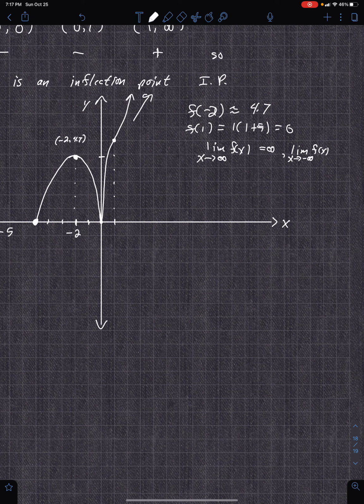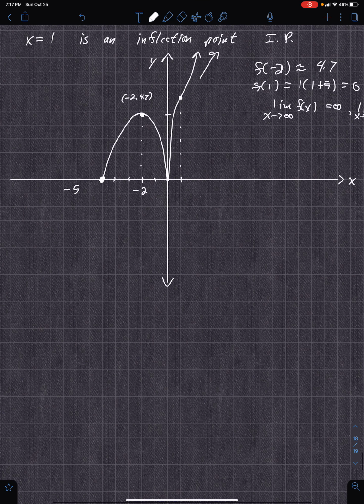You don't have to show all this, but it's stuff you want to analyze. This is going to go up like that, crest out, and then keep going down. So there's that basic shape to it.